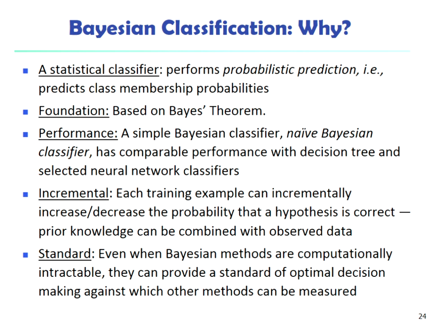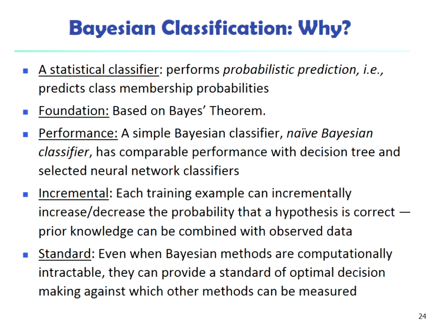Keep in mind that Bayesian classification is incremental. Each training example can incrementally increase or decrease the probability that a hypothesis is correct. Prior knowledge can be combined with observed data.